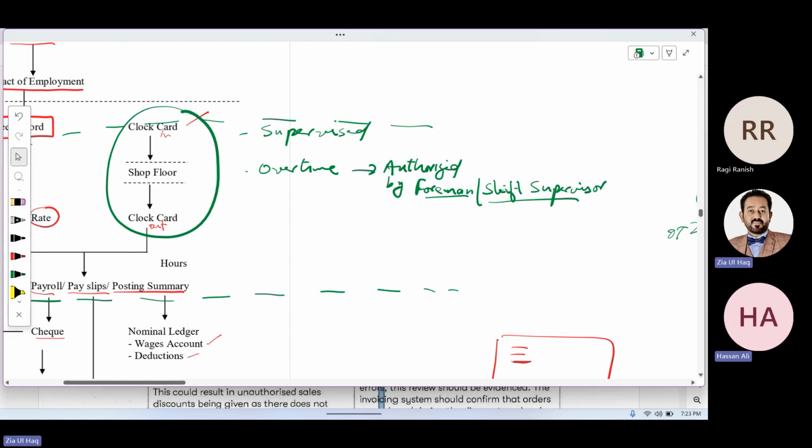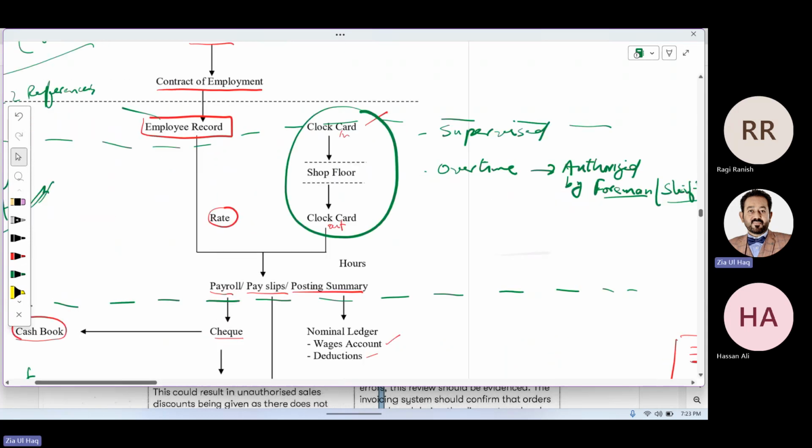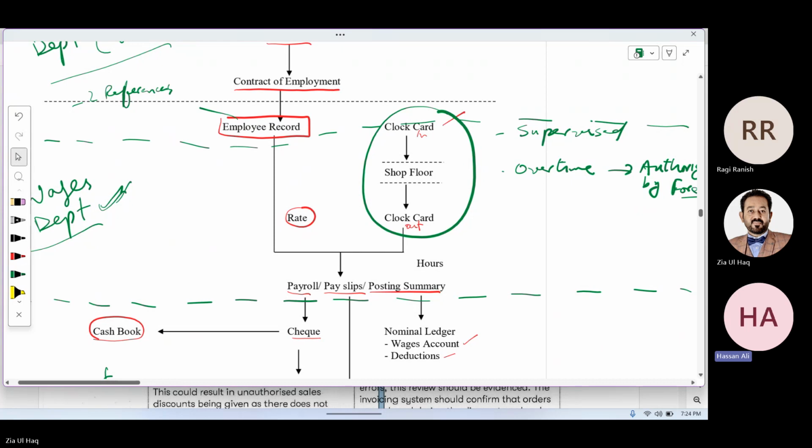The clock in, clock out process should be supervised to avoid recording of absent employees' hours. Overtime should be authorized to avoid payment for work not done for the company. Okay, next. Payroll has been prepared how? Hours into rate. There should be an arithmetic check on the payroll.